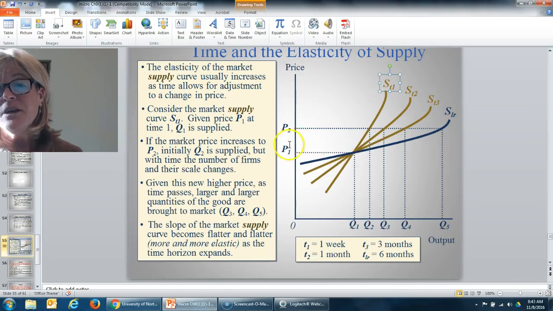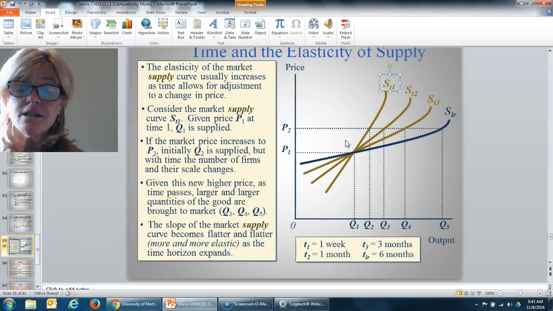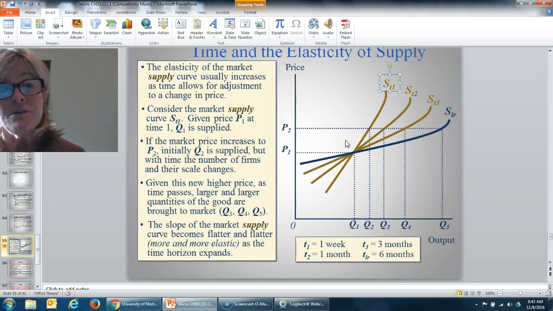You'd raise the price very little in the long run if you can wait. But if you need it tomorrow, the price is going to get higher. Makes sense? It's going to be more costly in the short run to bring goods to market than if you give it a long time to produce and more time to adjust and more suppliers to enter the market. Prices will be lower. So you tend to get a more elastic or a flatter supply curve in the long run.